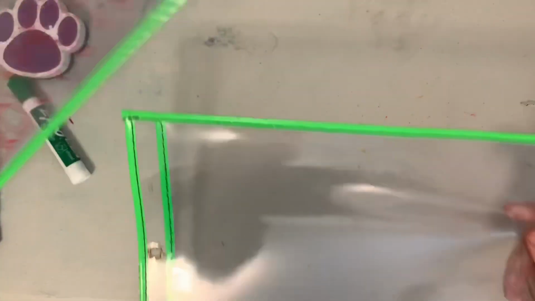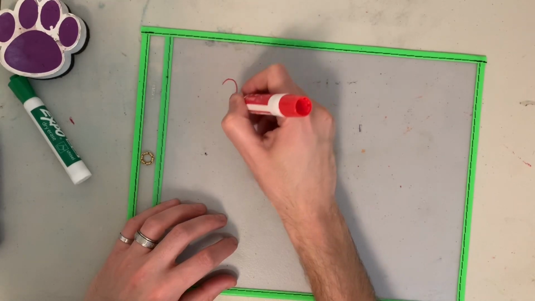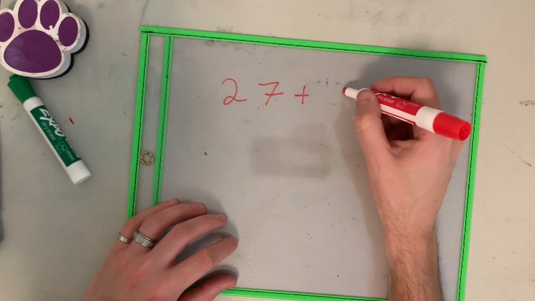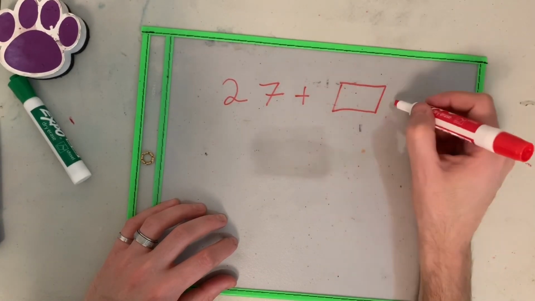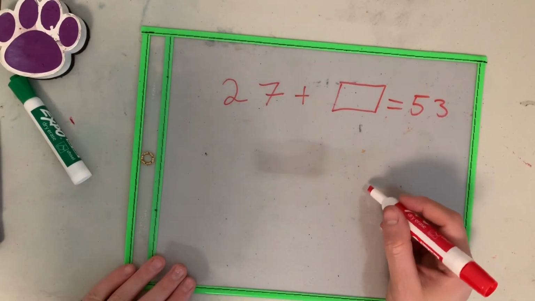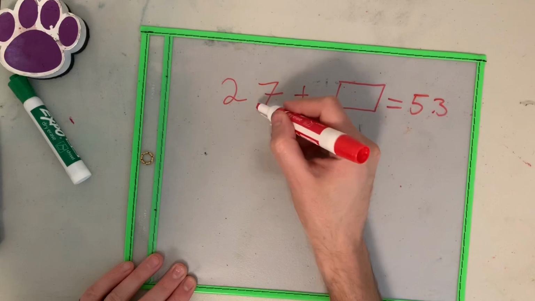Let's do it on this part here. So we have 27, that's Chloe, plus something, plus Enzo equals 53. Now to find this, I need to subtract 53 minus 27.